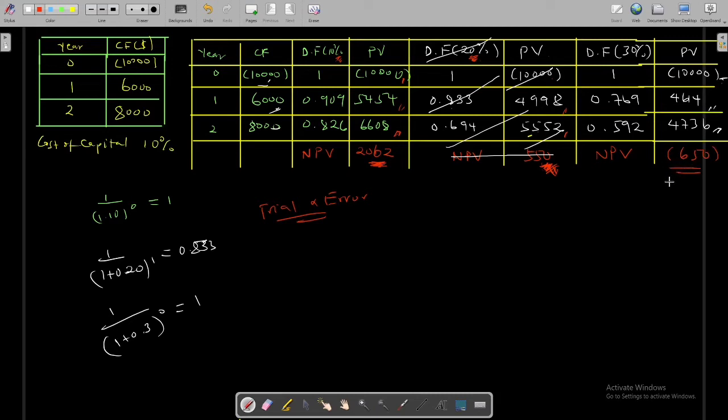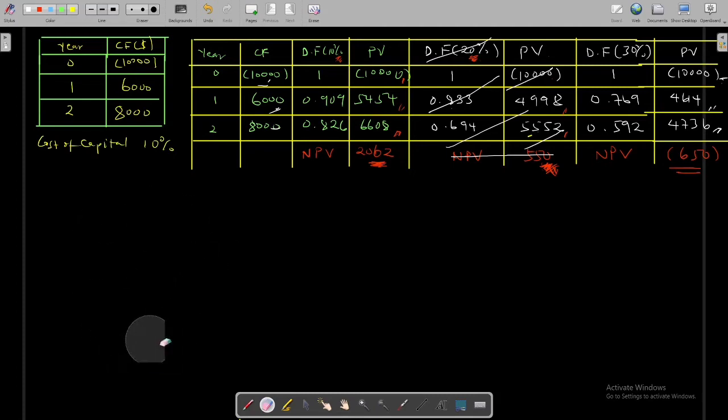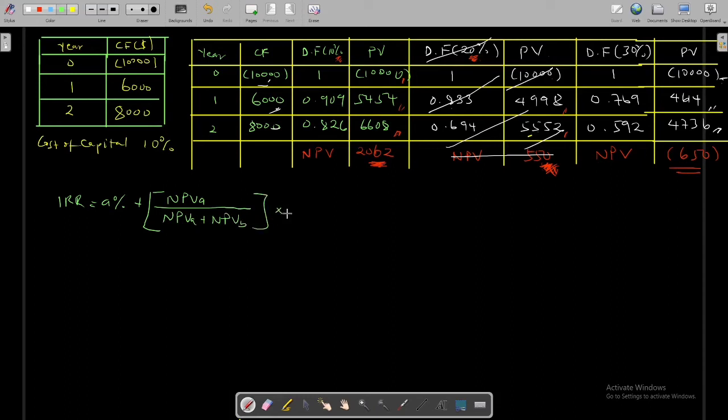So we can go on and calculate the internal rate of return. So the internal rate of return is A percentage plus the NPV of A over NPV of A plus NPV of B times B minus A, or percentage. Now what is this A?